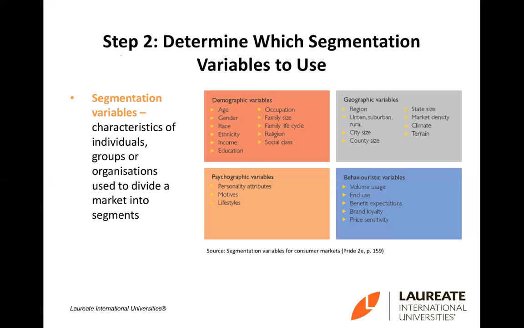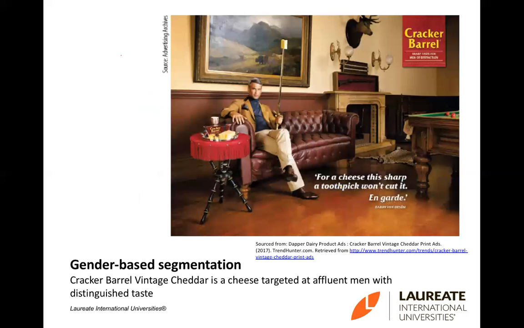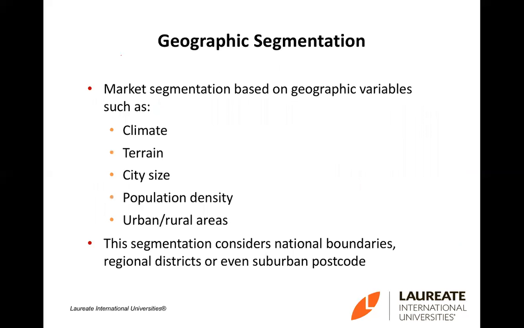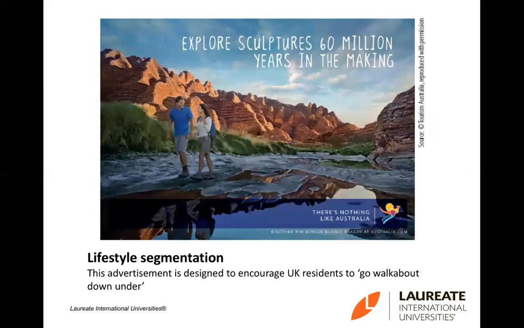Okay, the benefits that they expect, how loyal they are to the brand, and also the price sensitivity. Okay. So that's basically the variables that we can use when it comes to segmentation.